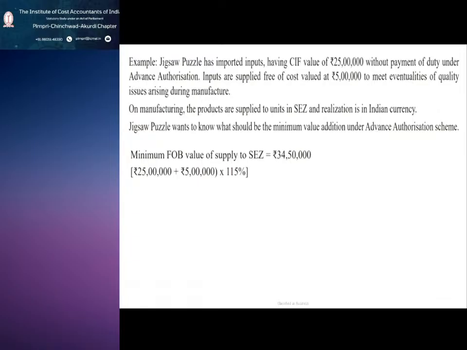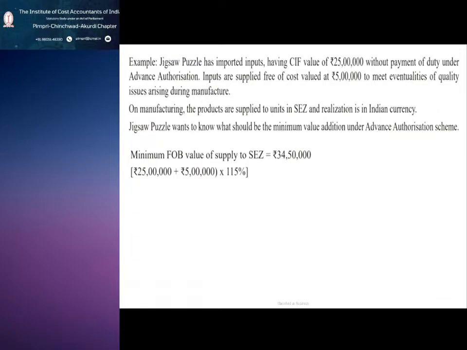Sometimes we may not consider this free of cost, but generally whatever import we are doing against our export obligation, we need to consider. So the CIF value is 25 lakhs and one more import we have done which is 5 lakhs.